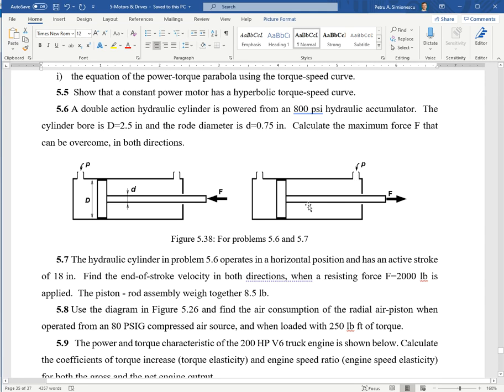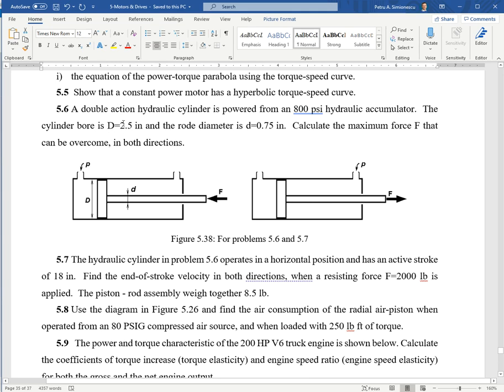So you're always seeing applications of dual action hydraulic cylinders, like in excavators. The cylinder is oriented with this end up, because it's maximum force working against gravity. Okay, so you just take the pressure, multiply with, for the first case, pi diameter squared over 4, which gets you the force.